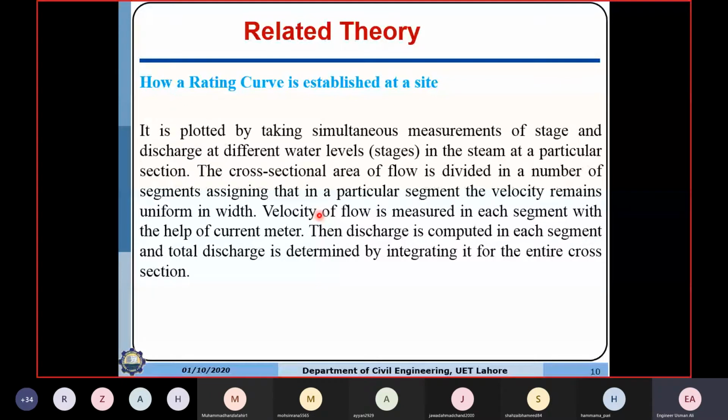So this is how we can find out the discharge of the river by using this current meter technique and area velocity method that we call it.